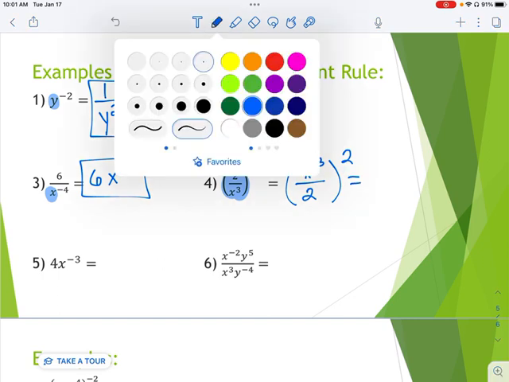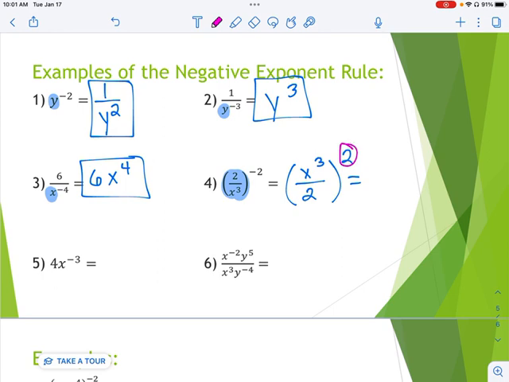Now we're back to our old rules. So we're going to take that 2, and we're going to apply it to each item inside that grouping. So it'll end up giving me x to the 6th. Remember, we're multiplying. And then 2 squared, and 2 squared is 4. So we end up with x to the 6th over 4.